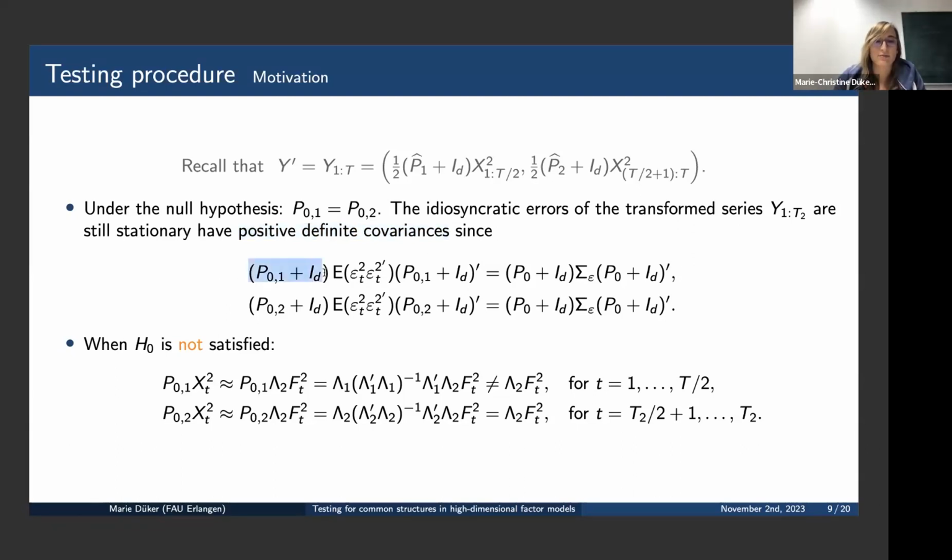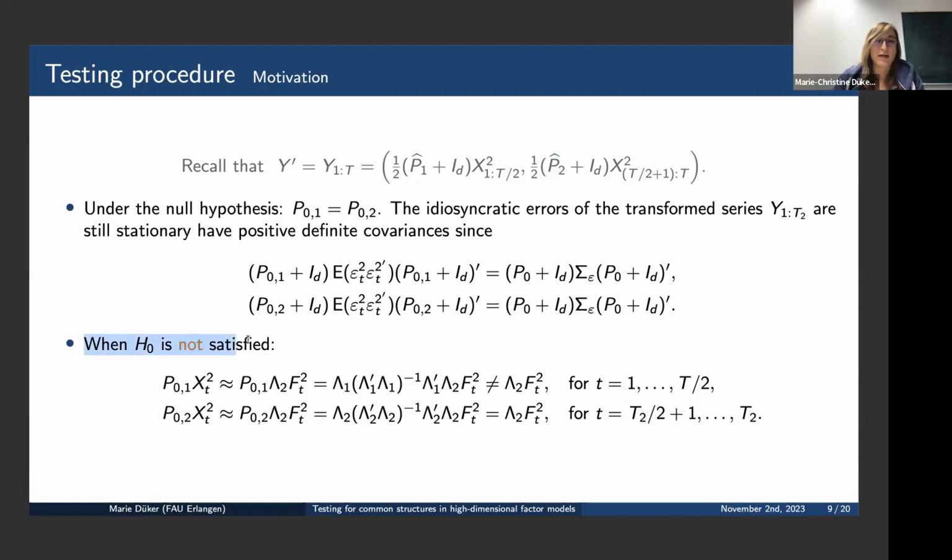And when we do this transformation with P01 and P02, this is not necessarily satisfied, but when we add this identity, we actually achieve that, because the P0s are actually low-ranked matrices. So the stationarity assumption is satisfied because P01 and P02 are actually the same under the hypothesis. So this is why we use this transformation by P hat 2 on the second part of our series, after splitting the series into two halves.